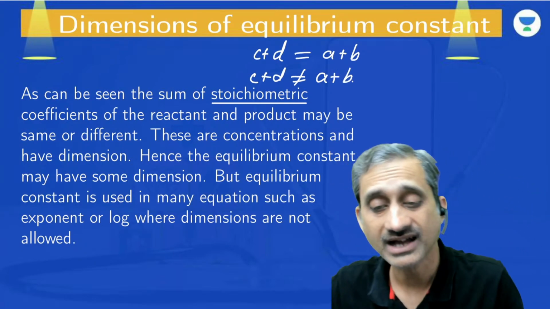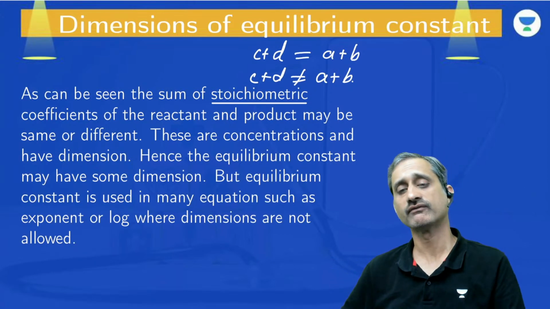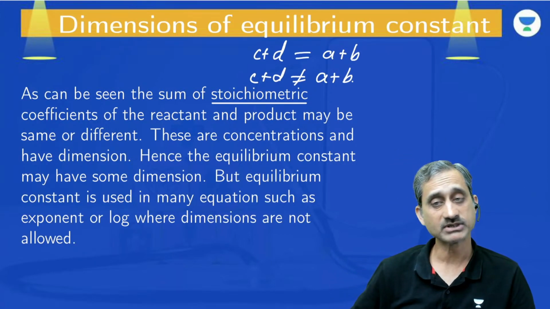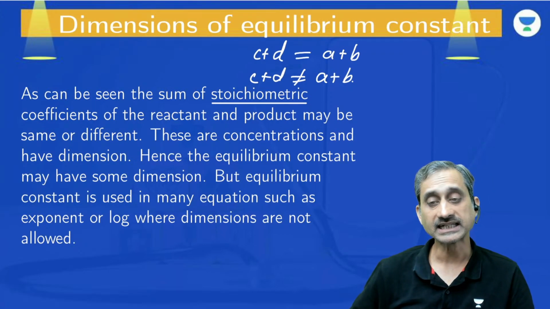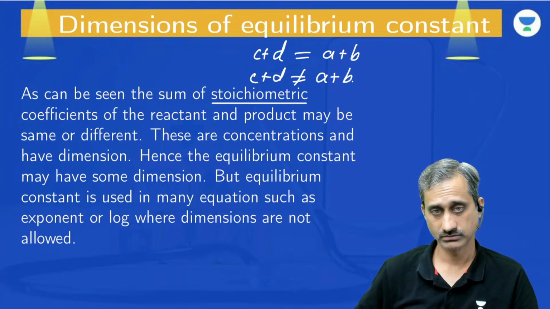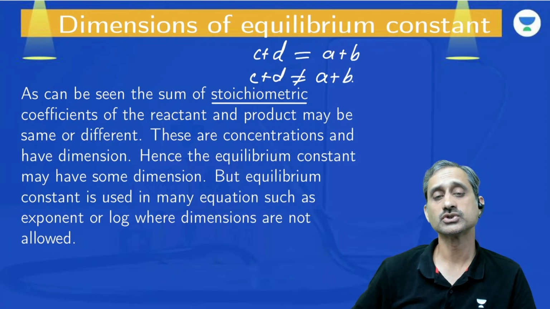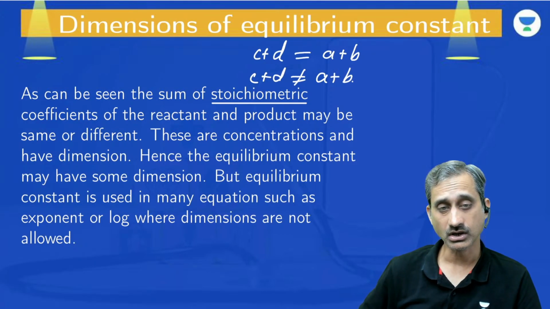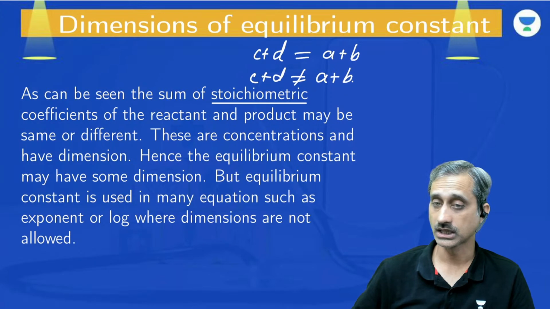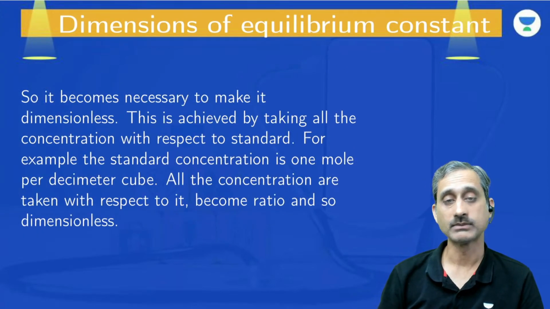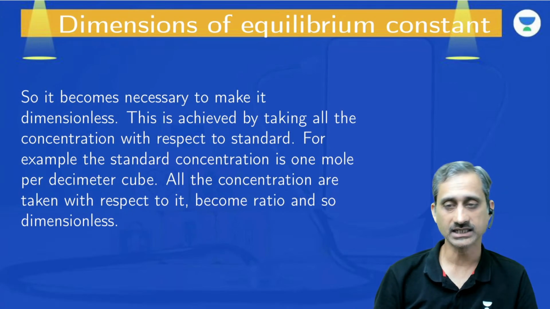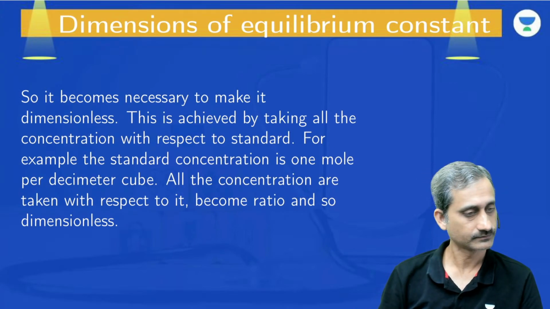So we are going to have the concentration raised to the power of the stoichiometric coefficient, and the concentrations are not dimensionless quantities, they have dimensions. So there is a possibility that equilibrium constant has a dimension. But the equilibrium constant is used in many equations such as exponent or log where dimensions are not allowed. So we will have to make equilibrium constant dimensionless. Now how do we make the equilibrium constant dimensionless?